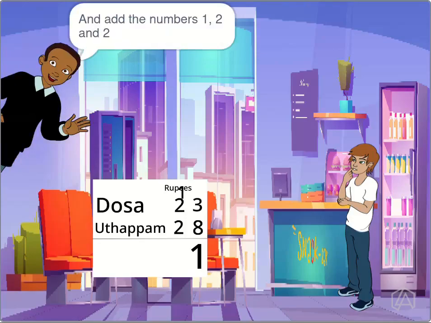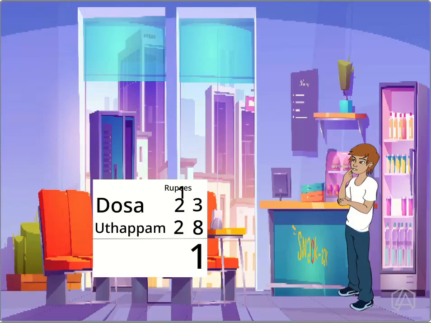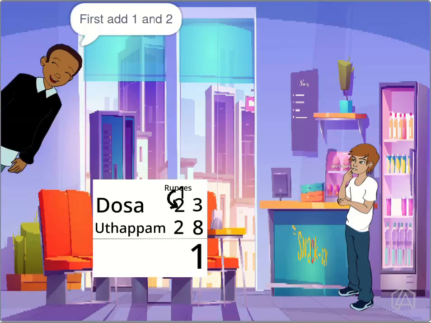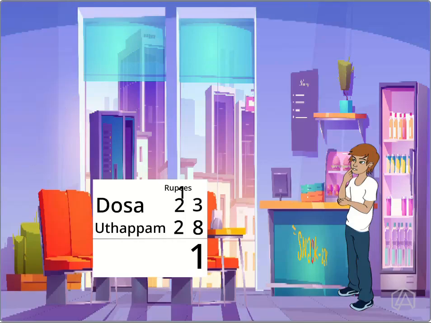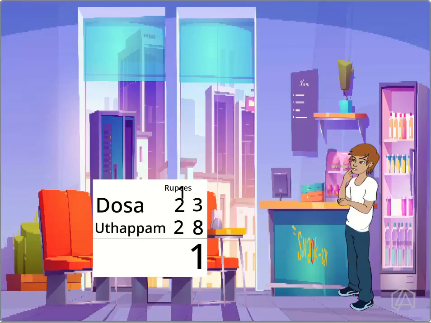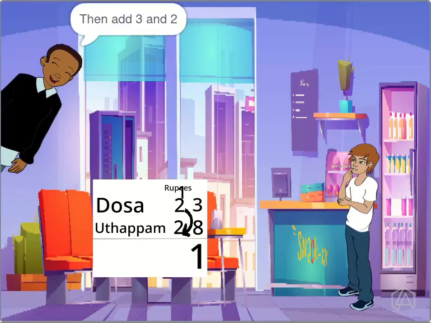And add the numbers 1, 2 and 2. First, add 1 and 2. Count 1 after 2. It's 3. Then add 3 and 2.